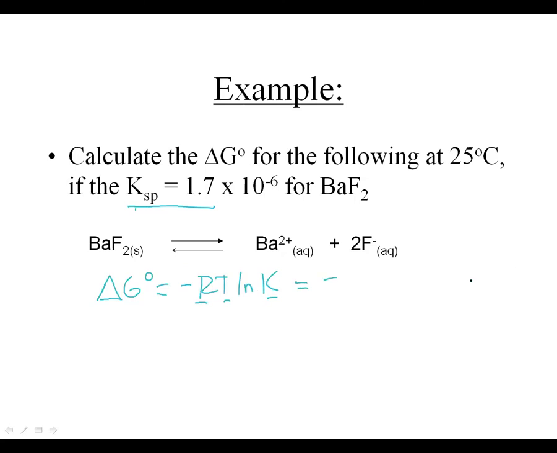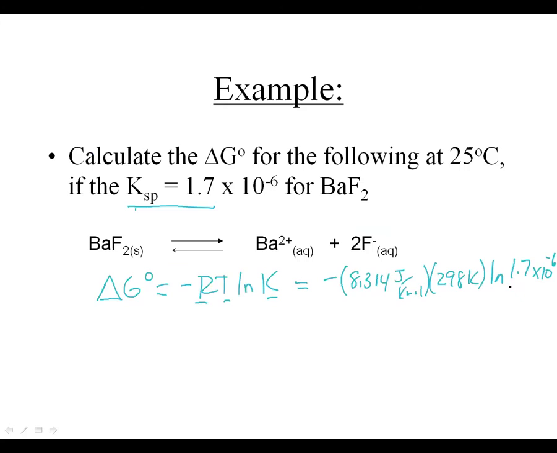We're going to take our 8.314. We're going to take our temperature converted to Kelvin, which is 298. We're going to take the natural log of the Ksp value. Again, another type of K value. Doesn't matter as long as it's a K value.